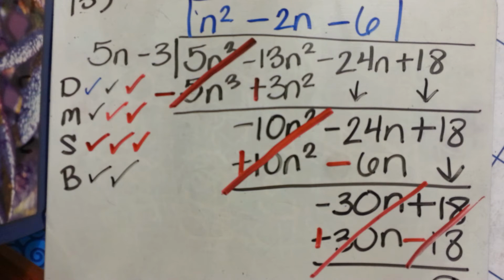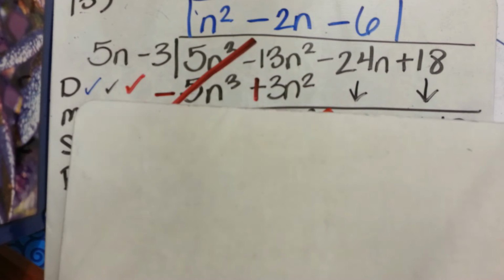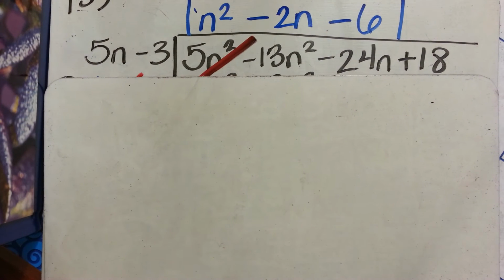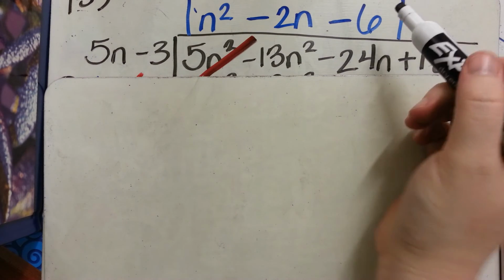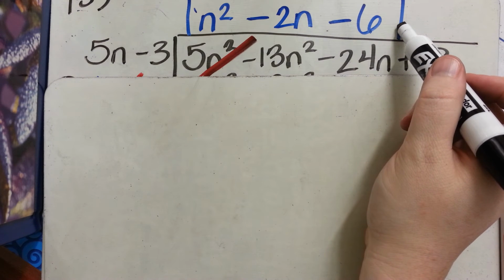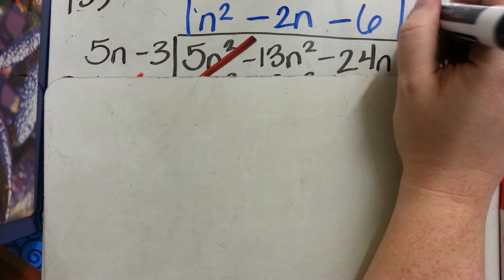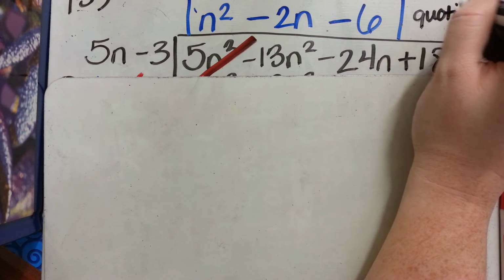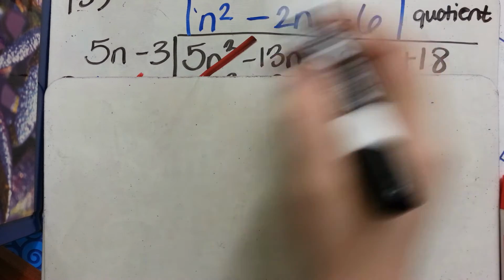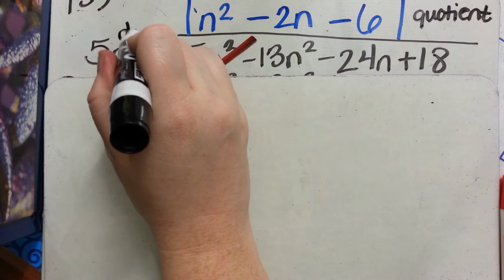Okay? And again, just to tie this in with the example that we did before, there's a couple things that we need to mention just so that we understand all the different terminologies. So again, this up top, on top of the division box, this is the quotient, which is our answer. 5n minus 3, this is our divisor.